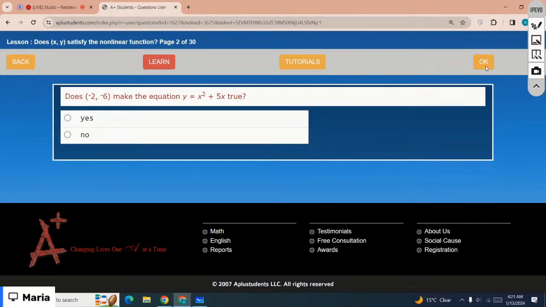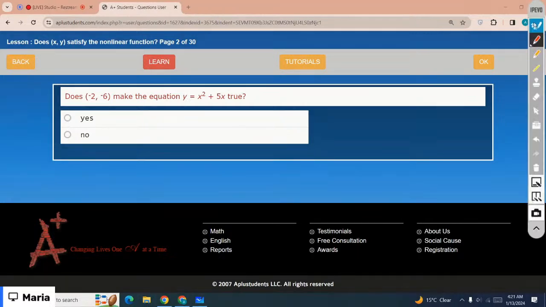Okay, does (-2, -6) make the equation y equals x squared plus 5x true? Okay, so just replace the point in the function, that is negative 2, negative 6. Equation is y equals x squared plus 5x. This is the value of x and this is the y, right? y is negative 6, x squared is negative 2 squared, and 5 times negative 2. Negative 2 squared is 4, 5 times negative 2 is negative 10. So negative 6 equals 4 minus 10, which is negative 6.